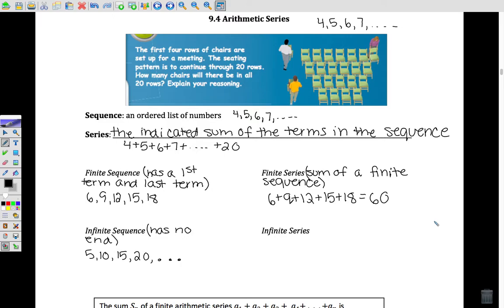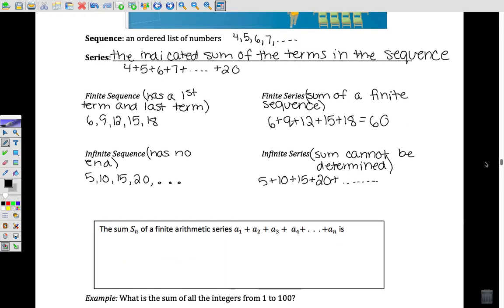An infinite series, on the other hand, we cannot determine the sum. So this sum cannot be determined. Because if you think about it, we're adding, in this case, 5 plus 10 plus 15 plus 20 plus 25 plus 30 plus 35 plus 40, etc. These numbers are going to get huge, and we're going to end up adding huge numbers together, so there's no way for us to actually evaluate what that number is going to be.